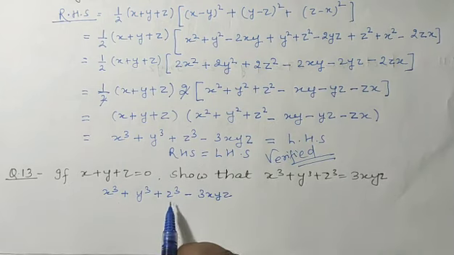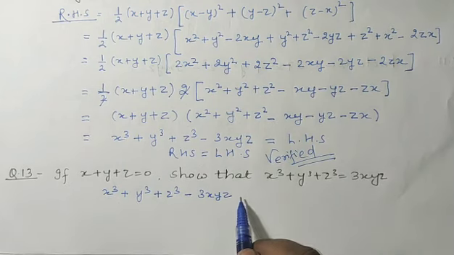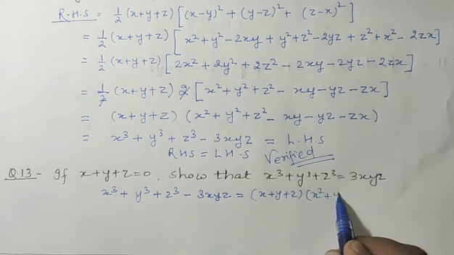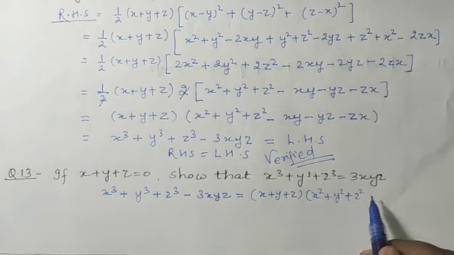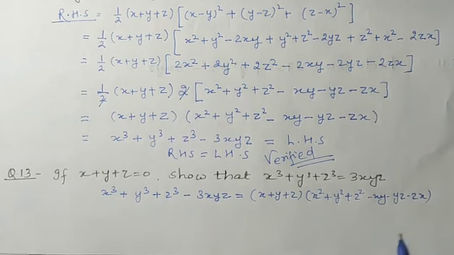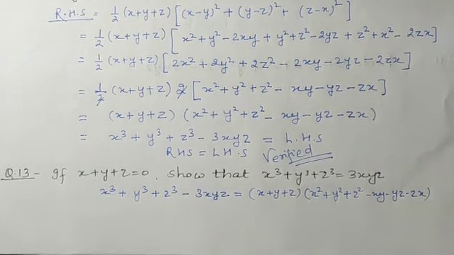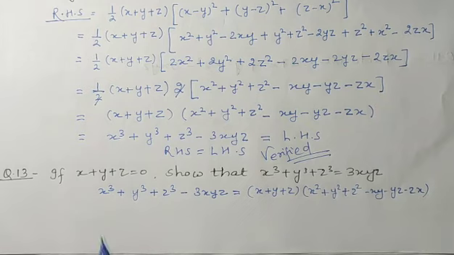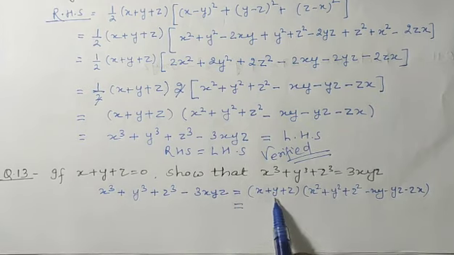X cube plus y cube plus z cube minus 3xyz is what? In the first bracket it is x plus y plus z, and in the second bracket x square plus y square plus z square minus xy minus yz minus zx. Okay, this is the formula, na? The condition is given, if x plus y plus z is equal to 0, means this will be 0.